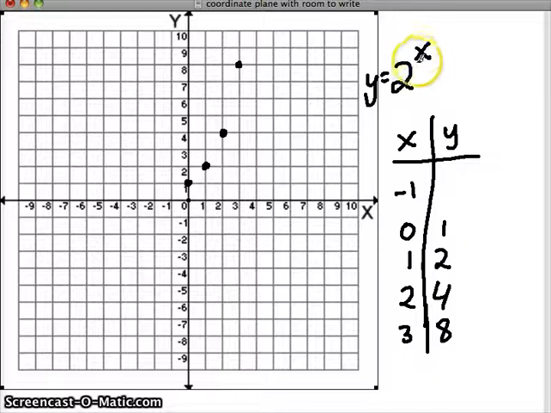Remember that a negative exponent creates a reciprocal, so that's actually the same as 1 over 2 to the first power. So negative 1 is our input, we get an output of 1/2. If we were to keep going, it would get lower and lower, infinitely approaching that x-axis. So there's our exponential growth function.